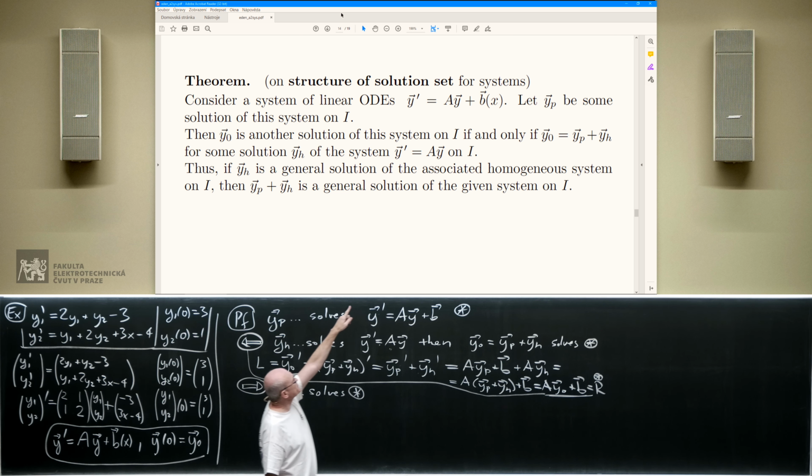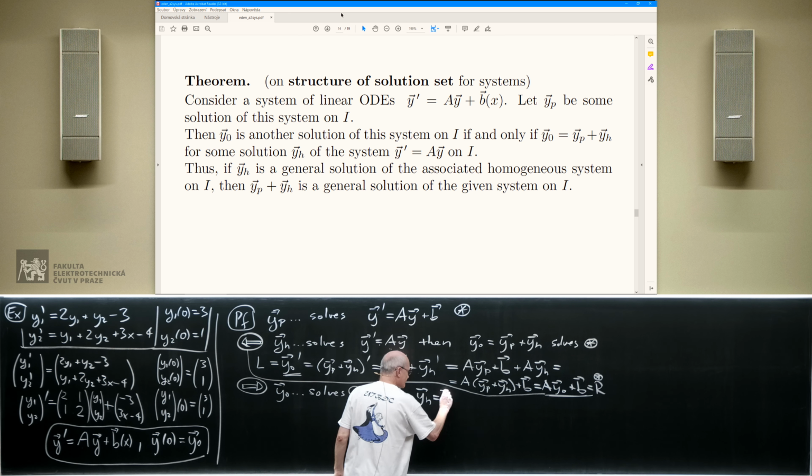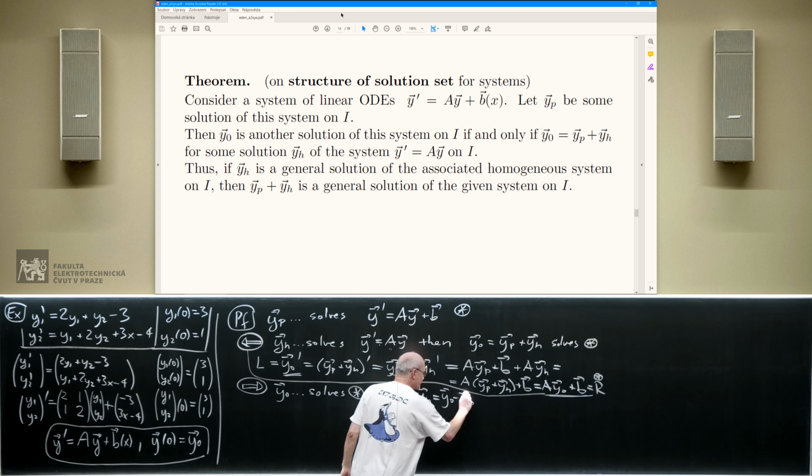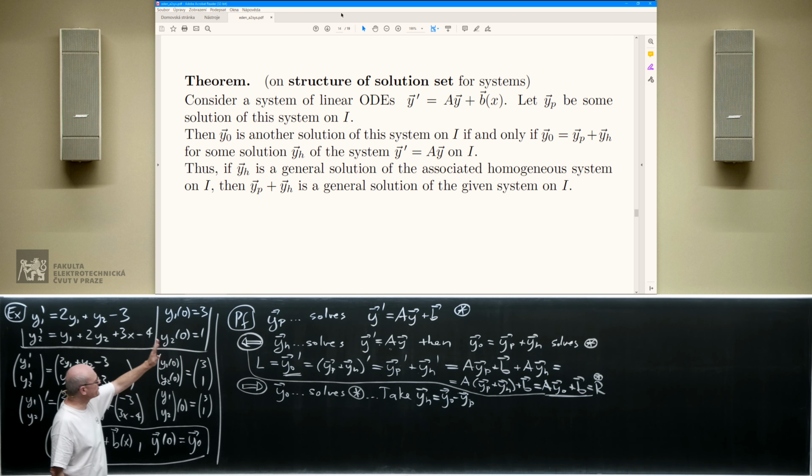I have to take yh to be, okay, I see what it's supposed to satisfy, so that's an inspiration, y naught minus yp. I talked about it when we did this proof for linear equations, so hopefully I don't have to explain that much. This is my candidate for yh. Does it work the way I want it to work?